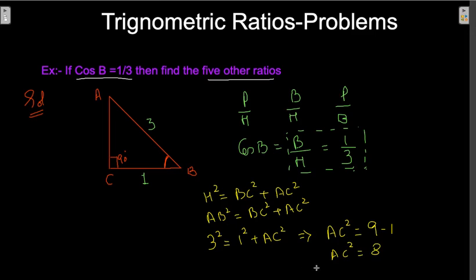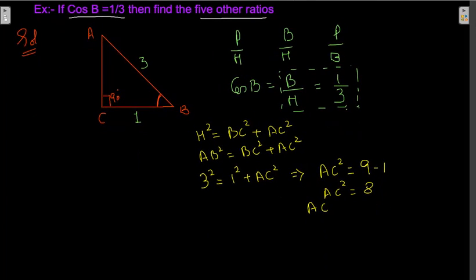Hence, to find AC, we'll take the square root on both sides. So AC square becomes AC. No harm writing one more step, a little more words.